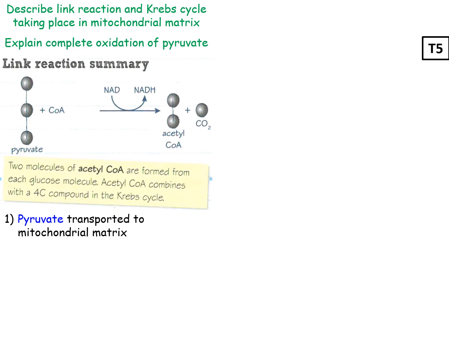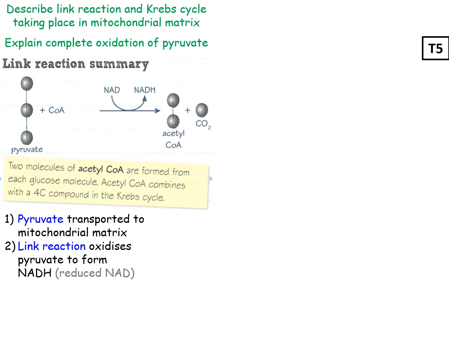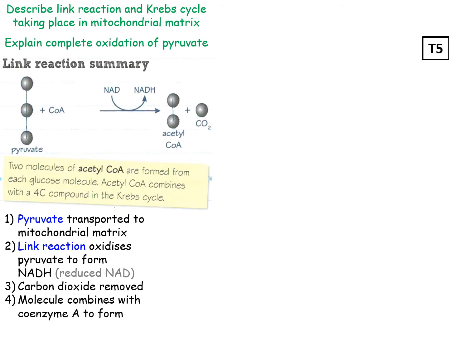This is when there is oxygen available, it's aerobic respiration. And here, the link reaction oxidizes pyruvate to form NADH, which is reduced NAD. Carbon dioxide is also removed, and the molecule combines with coenzyme A to form acetyl-CoA.